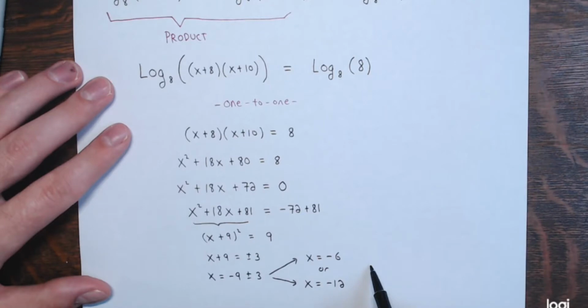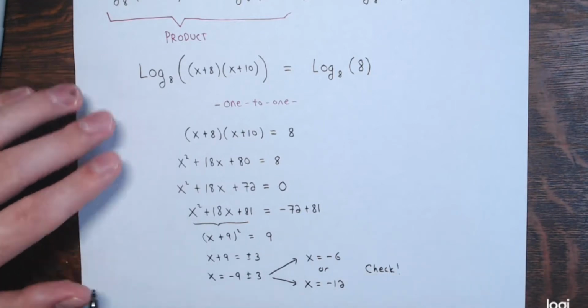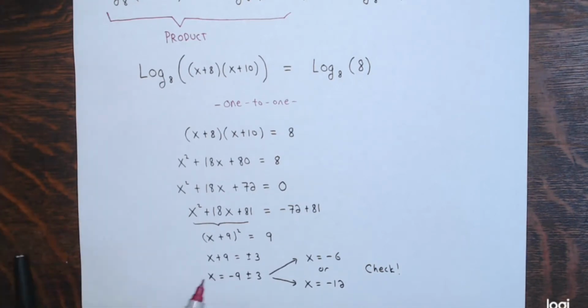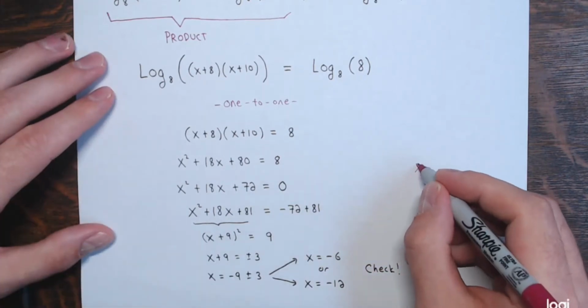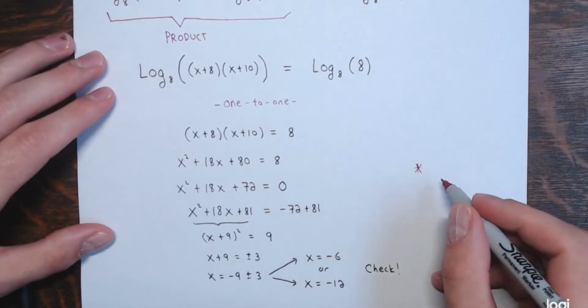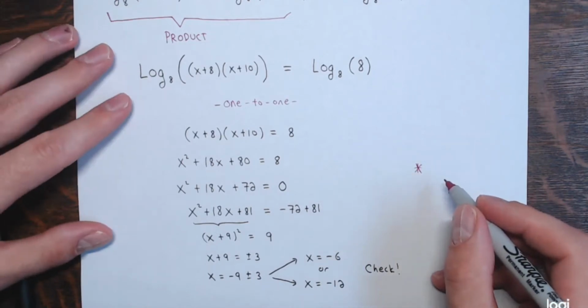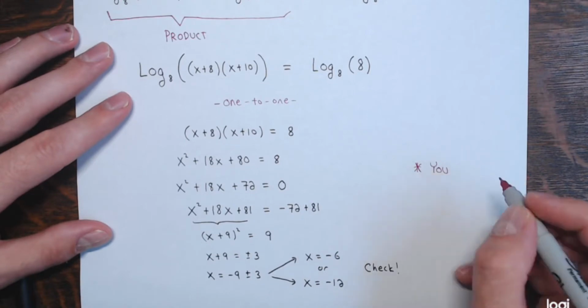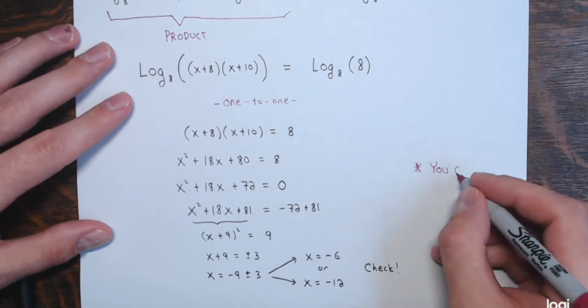But don't forget to check. All right, don't forget to check, especially with logarithms. I don't know if you remember, and I'll make this note here off to the side. I had put this up earlier in chapter 10, but you can only take logarithms of positive numbers.